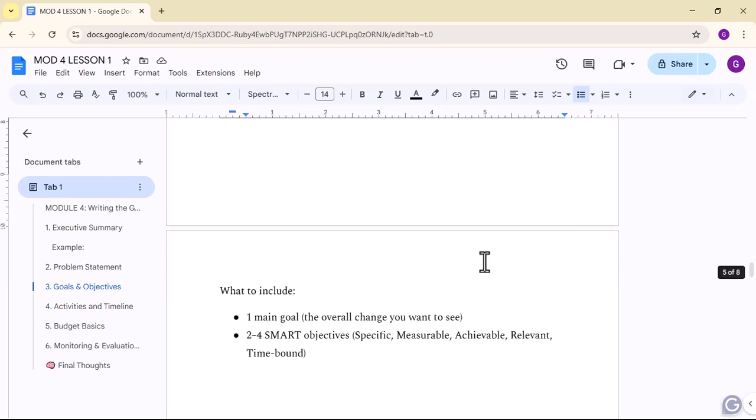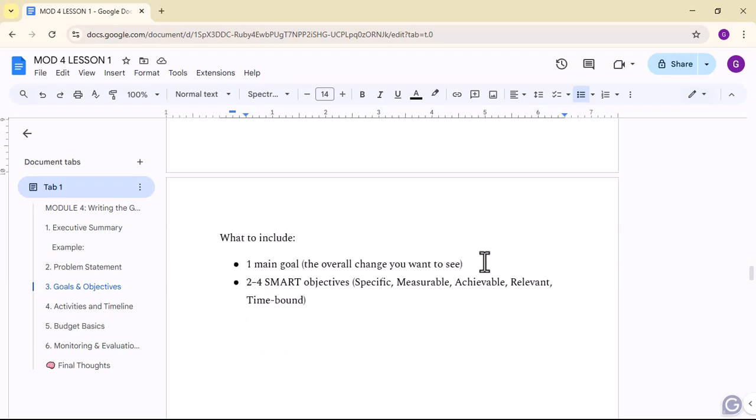You want to include one main goal. Remember, the goal should always be the main goal of this proposal. The main goal of this project is the overall change you want to see by what you want to do.